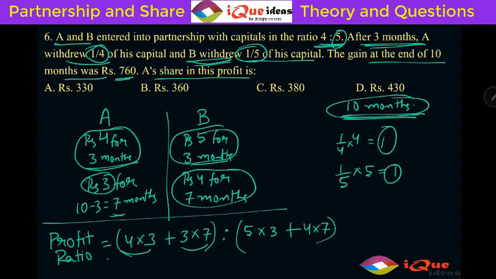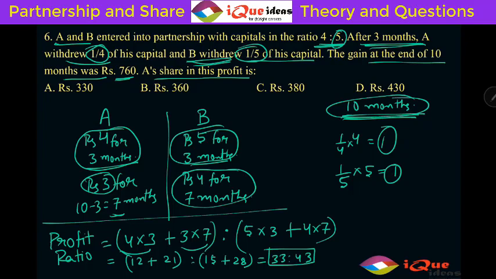So the profit ratio for A and B would be 4 into 3 is 12, 3 into 7 is 21, right? Is to, for B it will be 5 into 3, that is 15, plus 4 into 7, that is 28, right? So it is equal to 12 plus 21 is 33, is to 15 plus 28 is 43. Okay. So the ratio of profit is 33 is to 43.